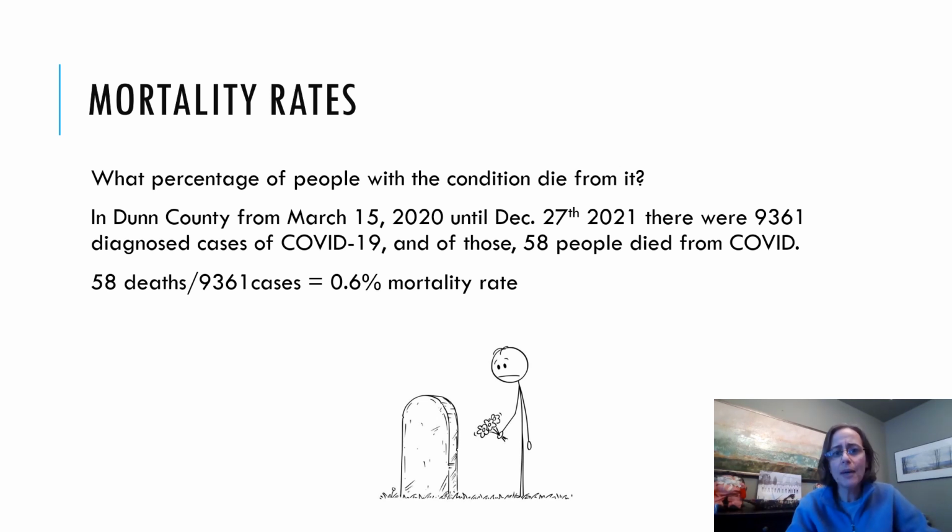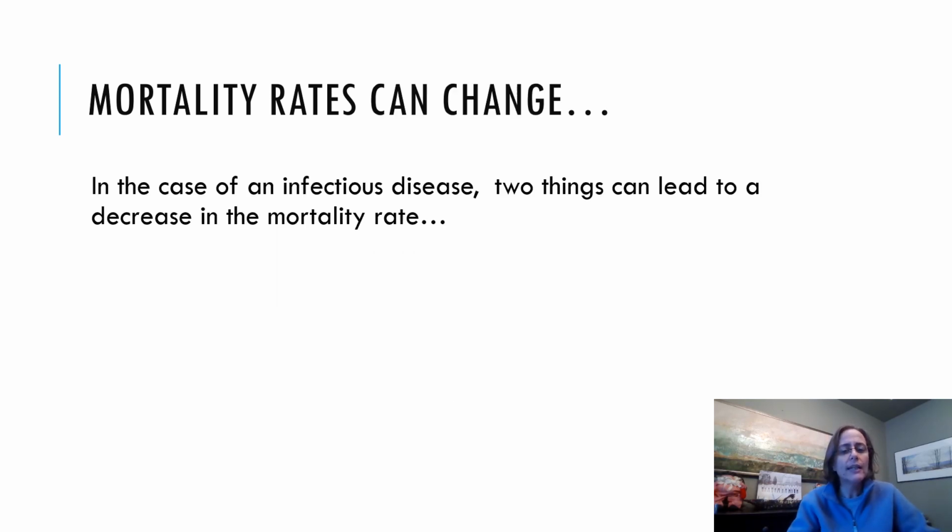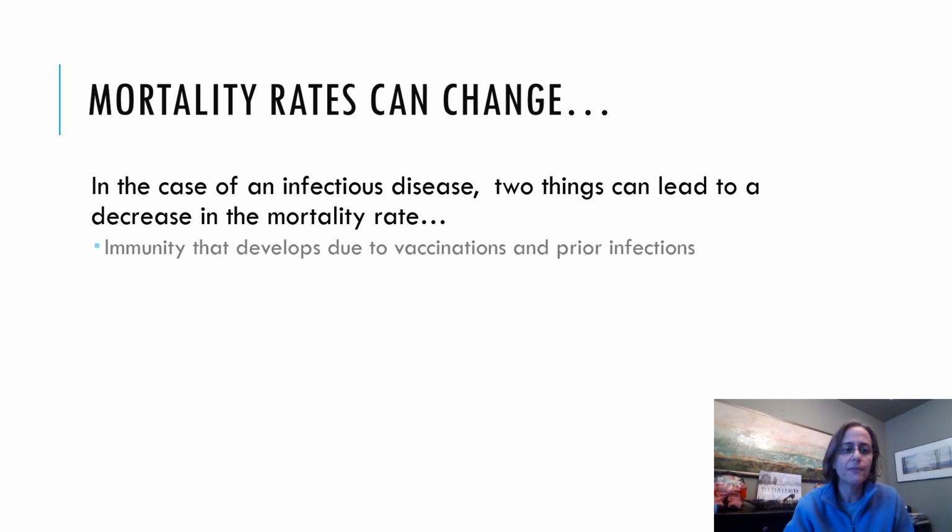Now, what's interesting about mortality rates is that they can change over time in response to various factors. So in the case of an infectious disease, there are 2 big things that can cause a decrease in the mortality rate over time. Now, there are other factors as well, but there are 2 big ones that I want you to be aware of.